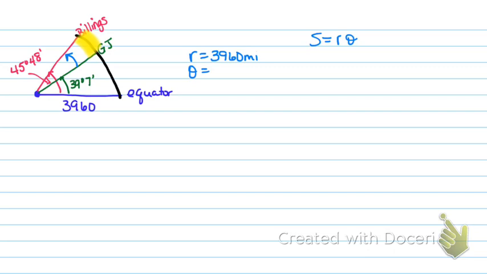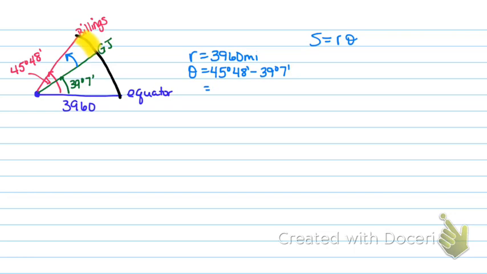We're going to find it by subtracting their angles. So it's the larger angle, 45 degrees and 48 minutes, minus the smaller angle, 39 degrees and 7 minutes. Before we can subtract those, we've got to convert them into decimal degrees. We briefly talked about it in the previous class period, and I told you we'd talk more about it when we got there.